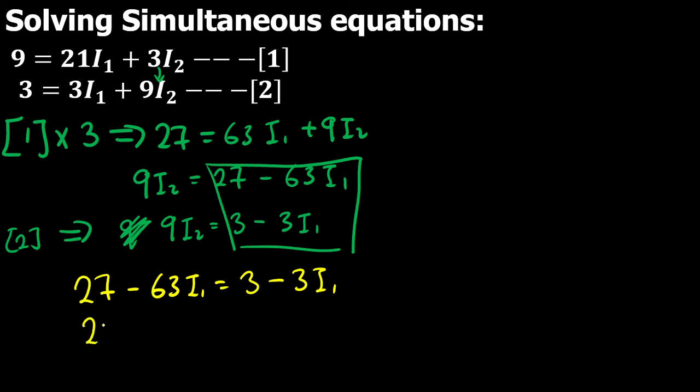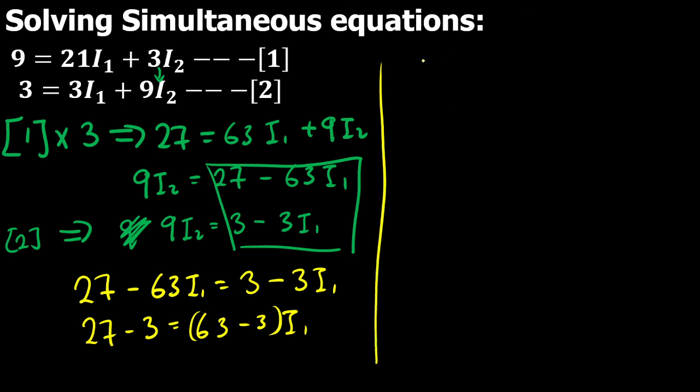So that's 27 minus 3 is equal to 63 minus 3, multiplied by I1. So that gives me 24 equals 60I1. That tells me that I1 must be 0.4 ampere.